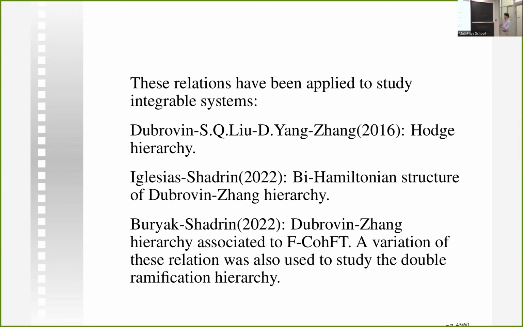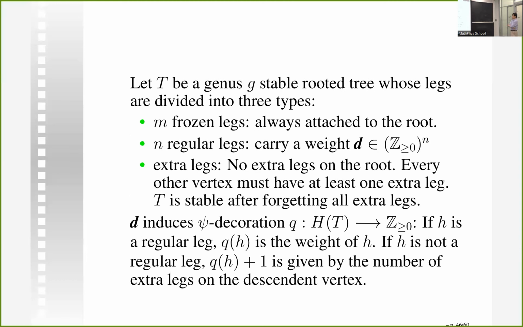And in Iglesias, Sheldon, also Buryak and Rossi's paper, they said this relation can be used to prove properties for the Ramond-John hierarchy and also the double ramification hierarchy. And also in Buryak and Rossi's paper, they proposed 3 conjectures about topological relations. 2 of them involve the double ramification cycle. Another one is a topological relation in a more restrictive sense, where we only have psi classes and boundary classes. So I'm going to give a quick description of that.